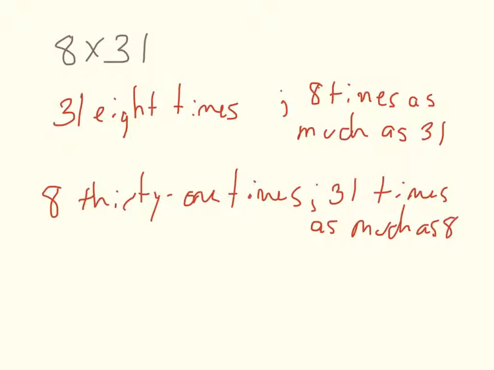Does our choice of unit change the product of these two factors? Why not? What property allows for this? We should have said the commutative property, which is the any order property. It says the order of the factors doesn't matter, and the product will remain the same.